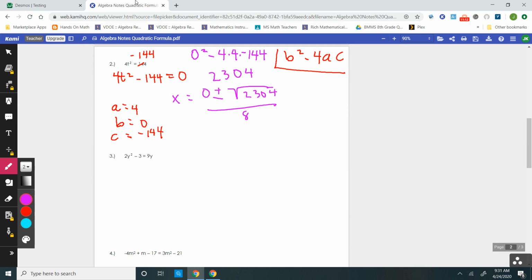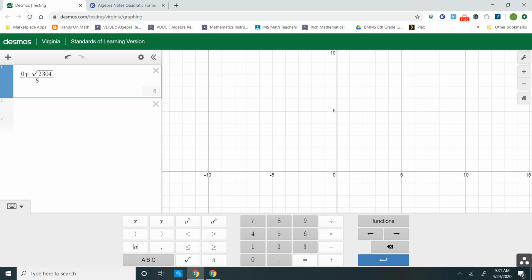That means it will cross that positive 6 for one of them. So I'm going to write x equals 6 here. And then you'll have to go through and do 0 minus the square root of 2304, and then divide it by 8. So you can just change this to a minus if you want there.